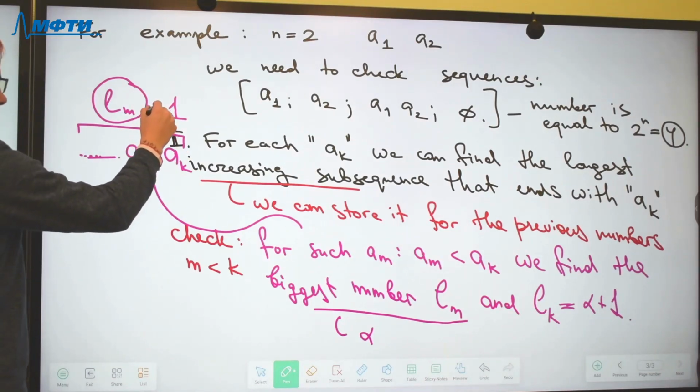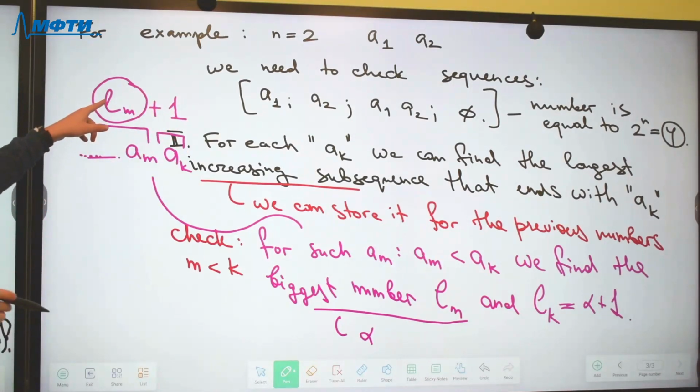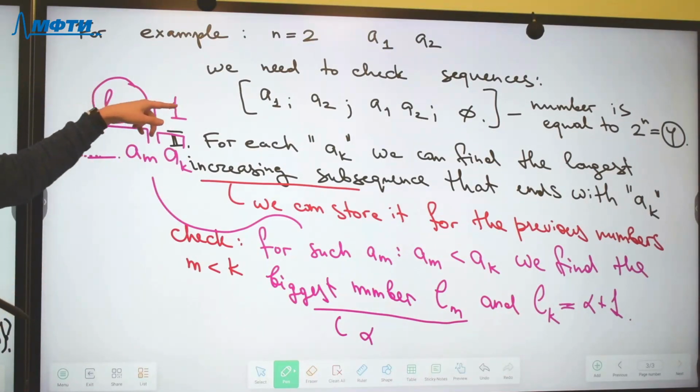So the length of this subsequence equals L with index m plus 1.